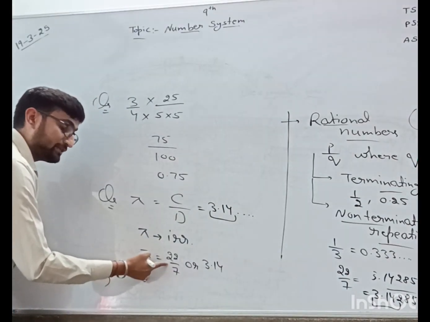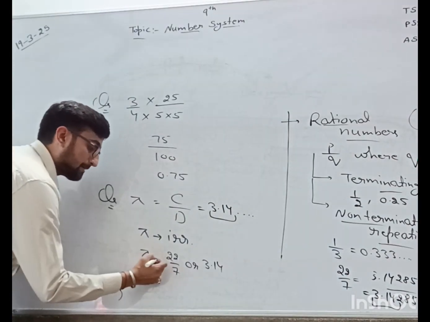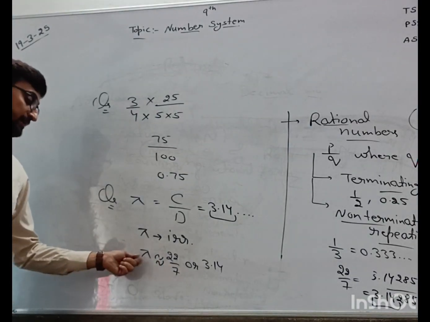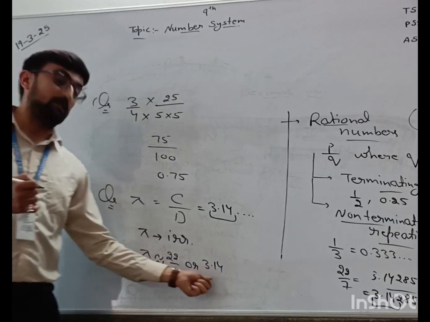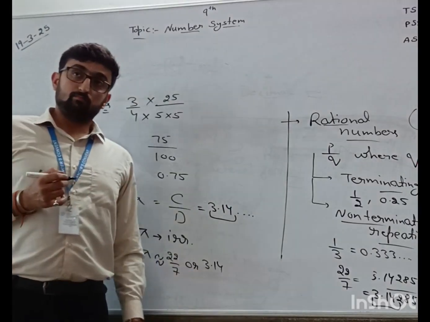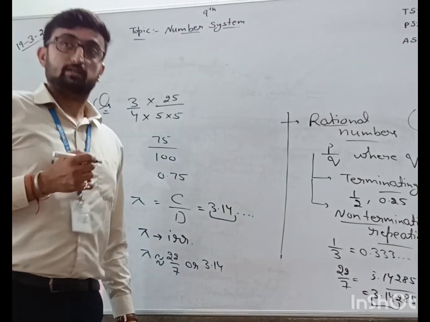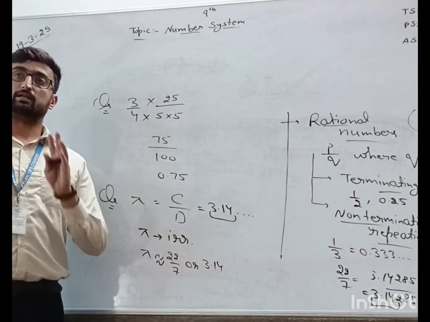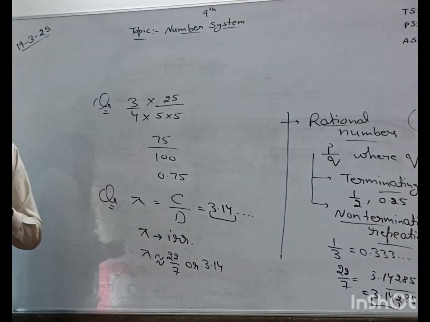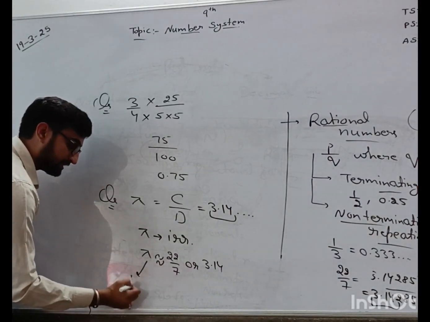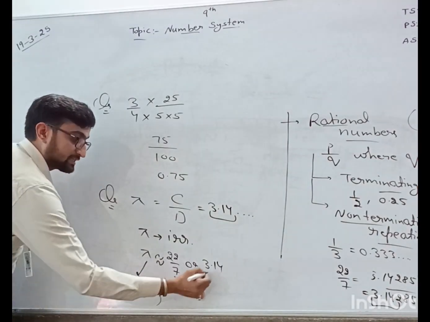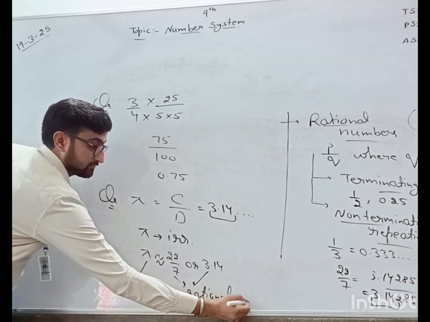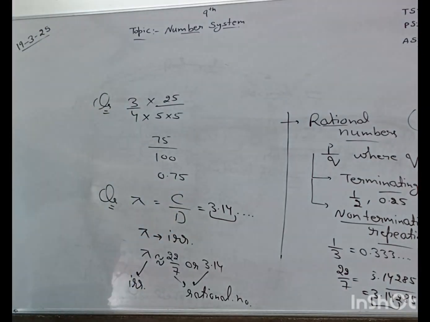Means 22 by 7 is not the actual value of pi, it is an approximate value of pi. This is the sign of approximation. The approximate value of pi is 22 by 7 or 3.14. So we are taking this value while solving questions, just for our reference. So this means pi is irrational, but 22 by 7 and 3.14 are both rational numbers. Yes, sir. Clear.